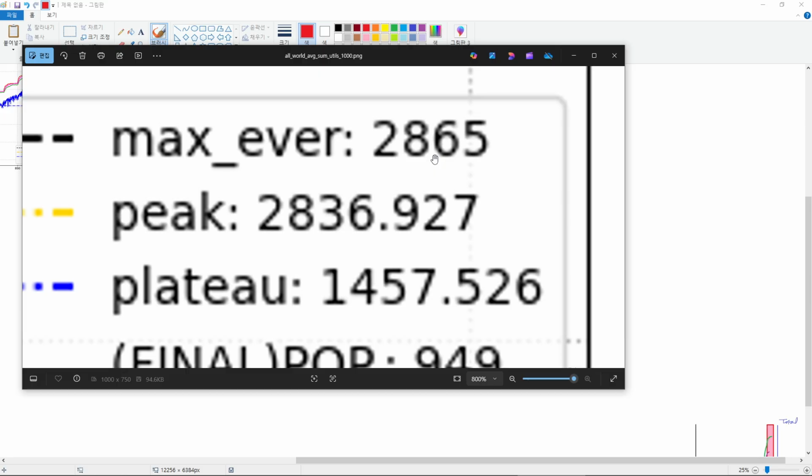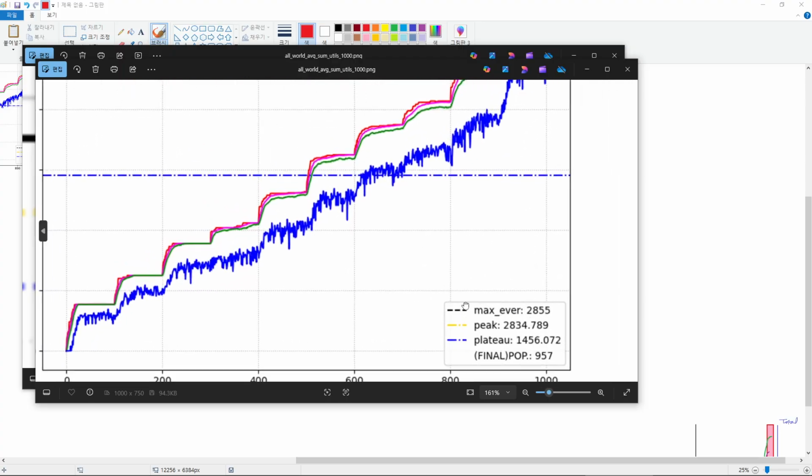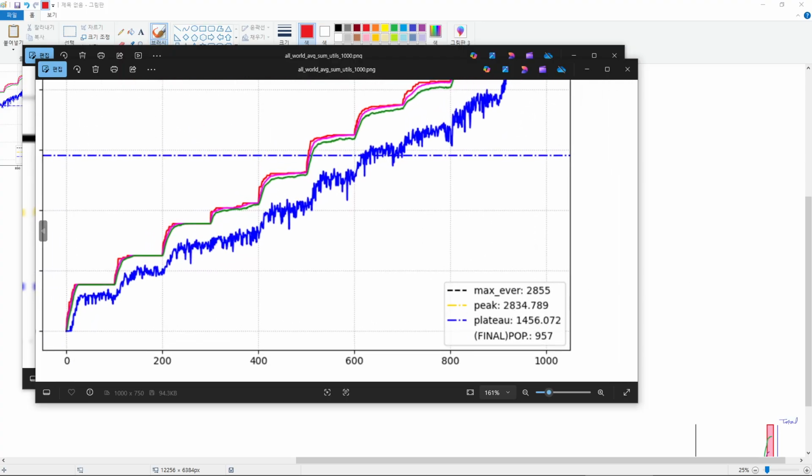This is the new true ceiling. So now it's 2865. And then the next one gave me 2855. Should I show that? Okay, fine. There we go, 2855.